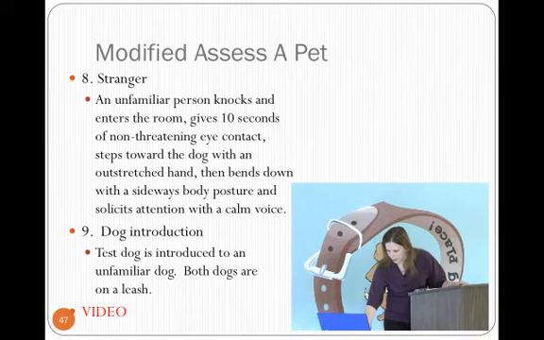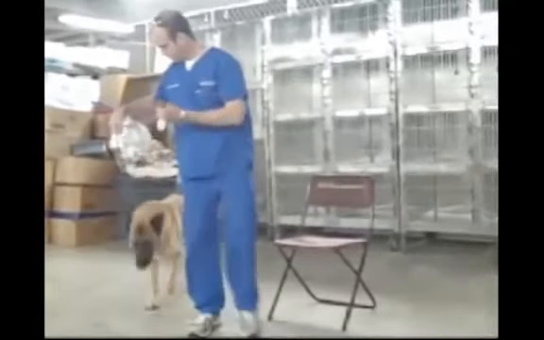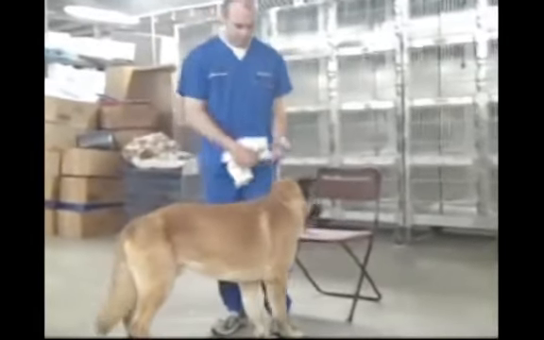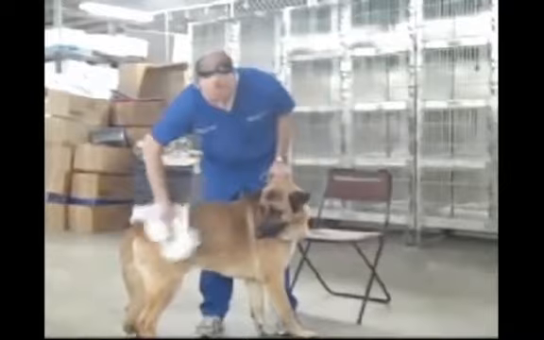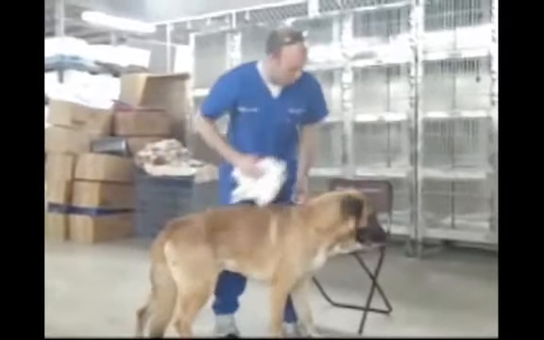And then we're going to look at handling. And again, same type of thing. He's going to be using the towel and pushing down on the shoulders. Obviously, this dog's not too concerned.